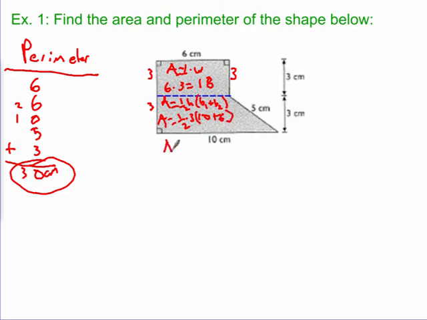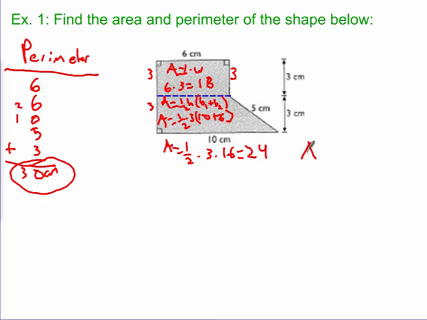So that tells me the area equals 1/2 times 3 times 16. And if I multiply that all out, 1/2 of 3 is 1.5 times 16 gives me 24. So my area of my rectangle is 18. My area of my trapezoid is 24.